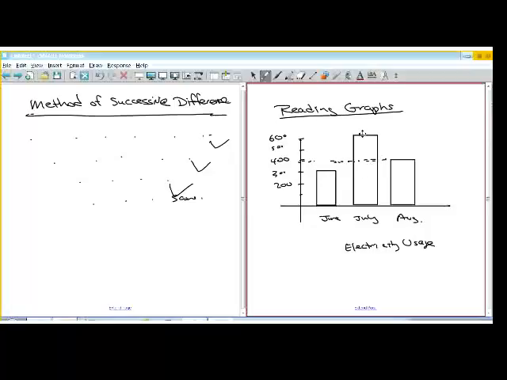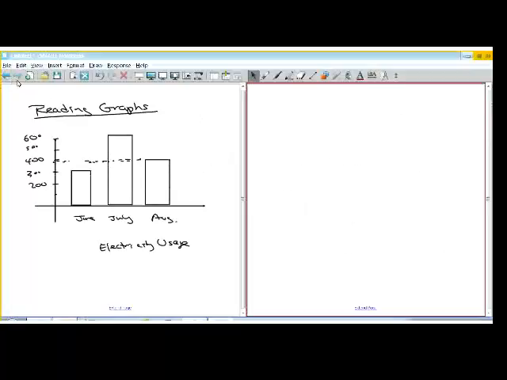And then the question might be, besides what's the biggest or smallest, what's the actual value, reading off the axes, or I might say between which 2 months is the biggest change. So you look for the difference between here and here, and then you see which one is the biggest difference. So the difference from here to here is there. From there to there is smaller. So from June to July, you'd have the biggest difference.